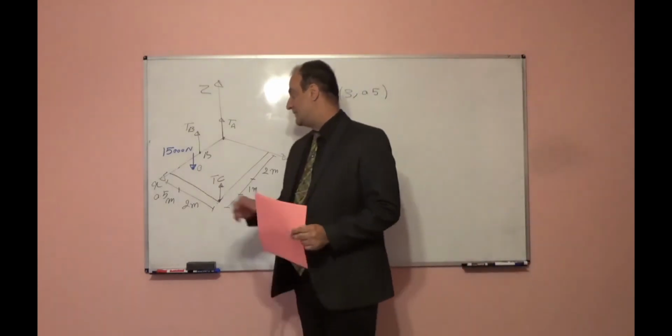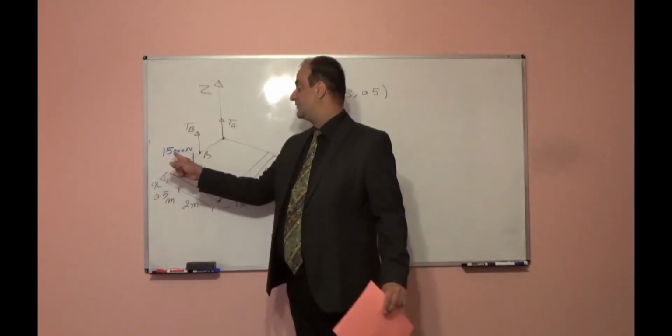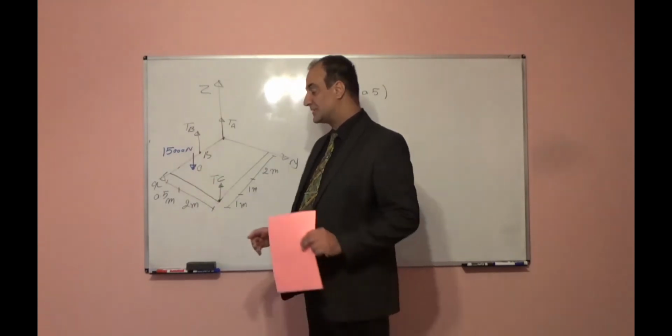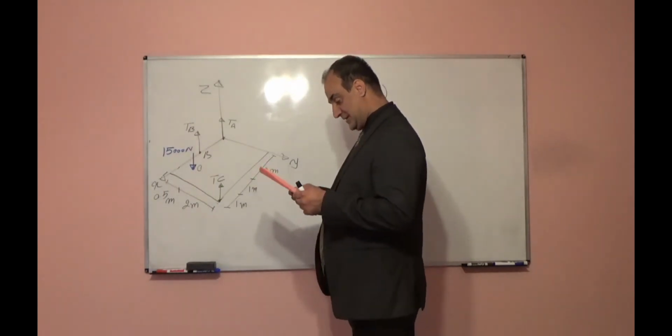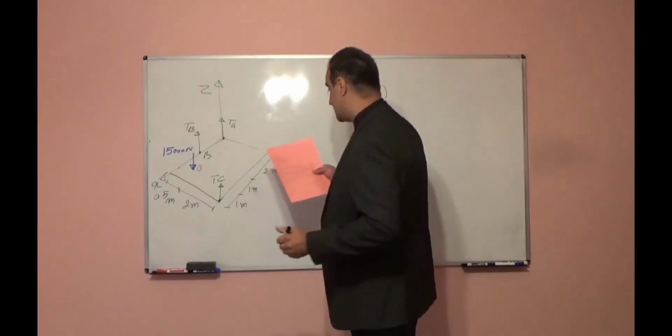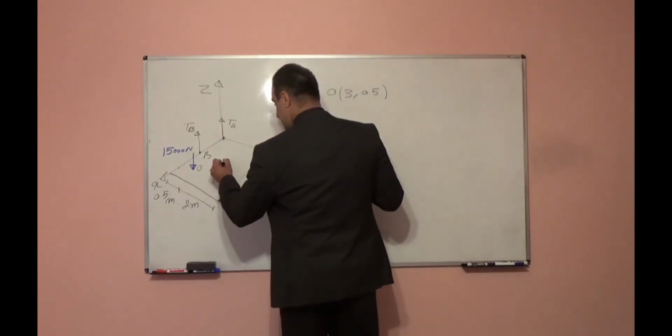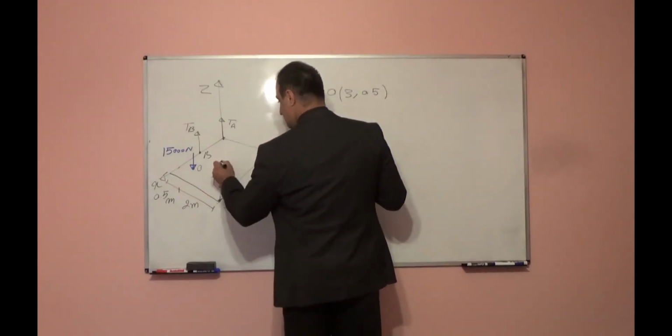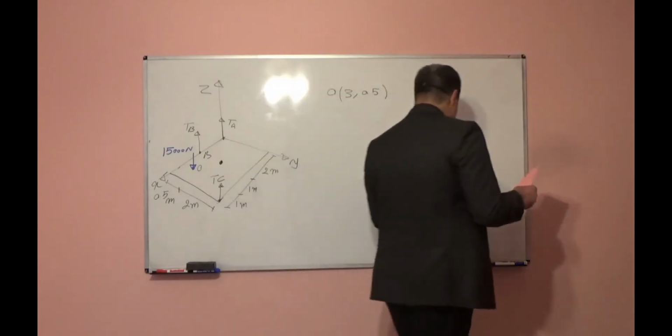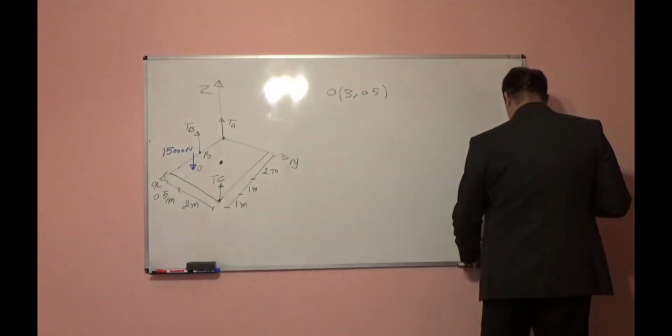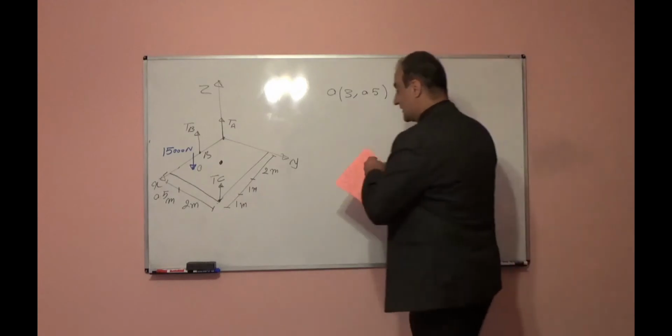Here we have one external load, 15,000 Newton downward, and this slab weight is given. The mass is 2,400 kilogram.